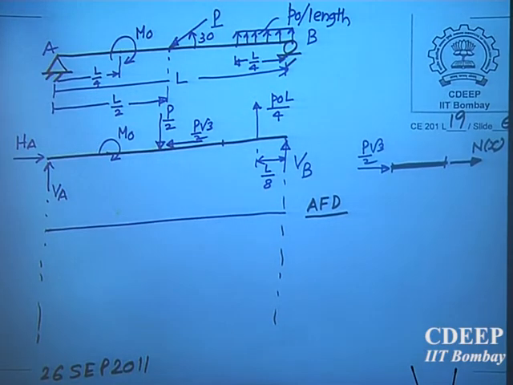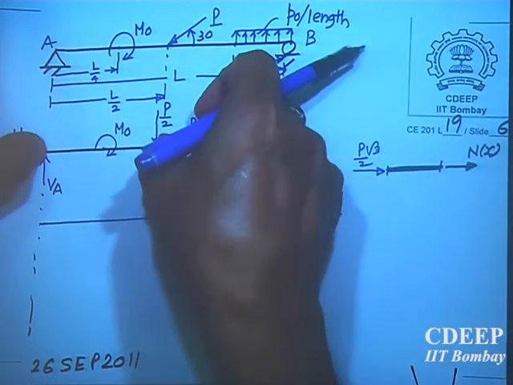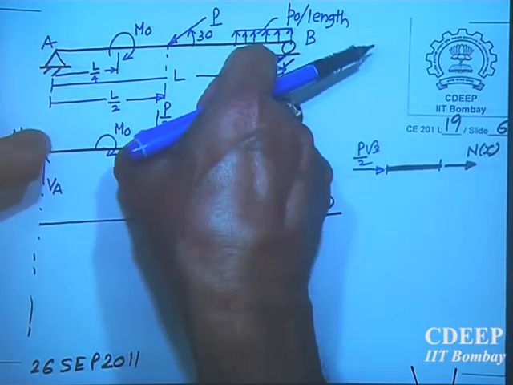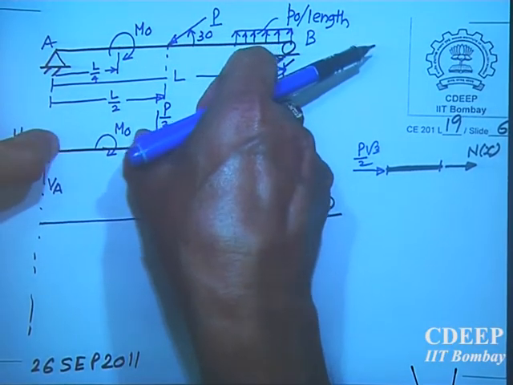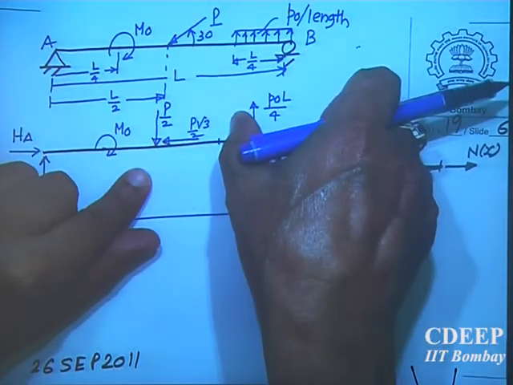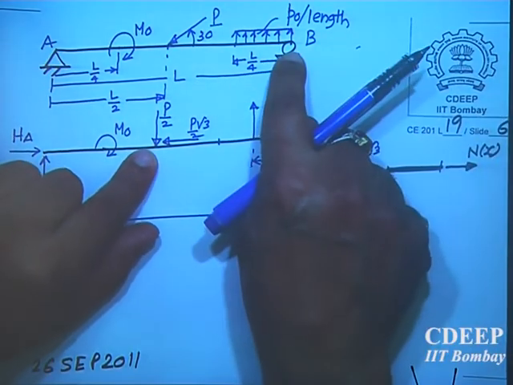Compression. Where is the compression? That means from here to here, this half of the beam will be under compression. What about the remaining half? It will be under tension. Sure, 100%. The roller is here.